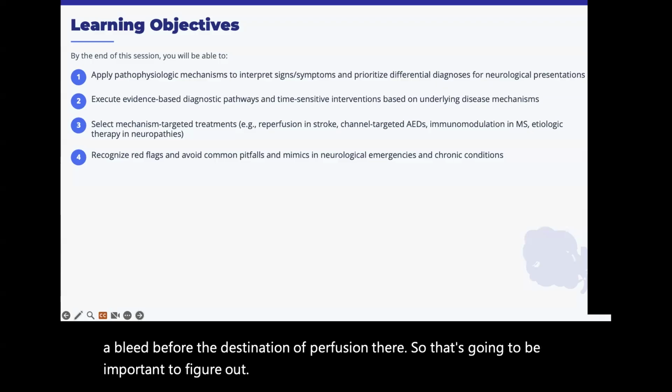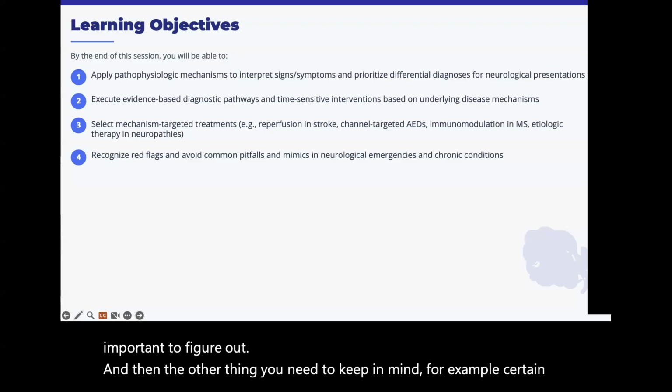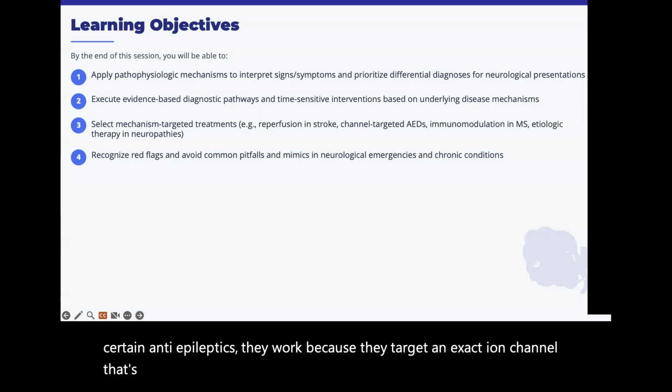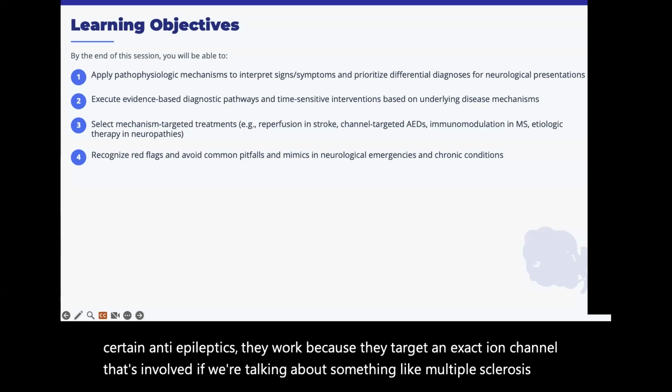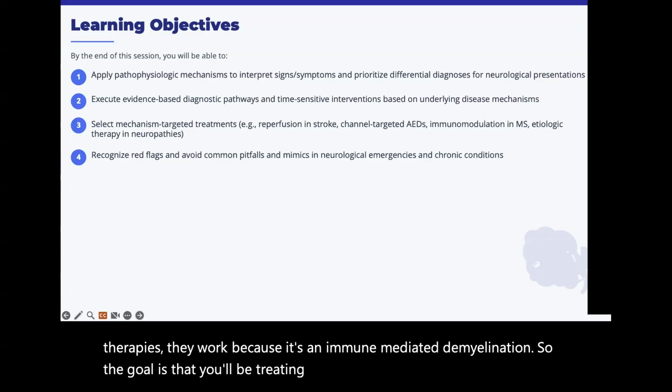The other thing to keep in mind is that certain anti-epileptics work because they target an exact ion channel that's involved. If we're talking about multiple sclerosis therapies, they work because it's an immune mediated demyelination. So the goal is that you'll be treating the mechanism, not the symptom.